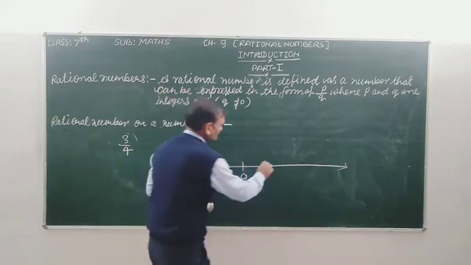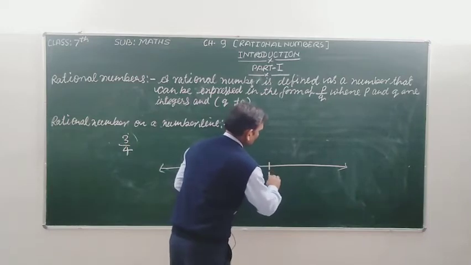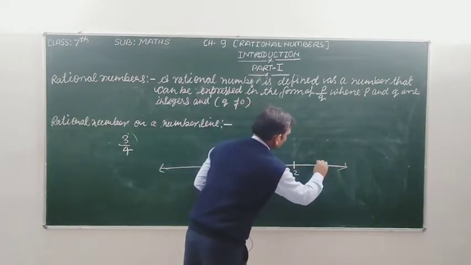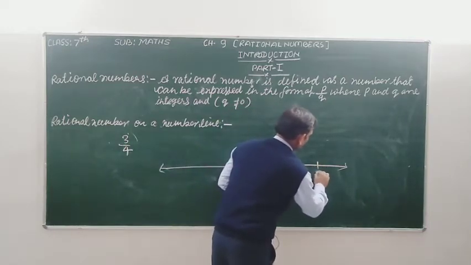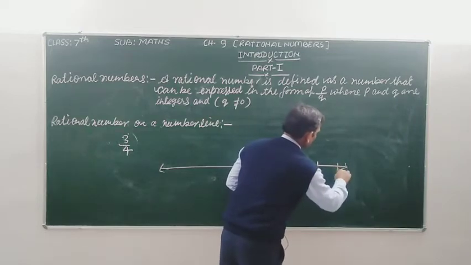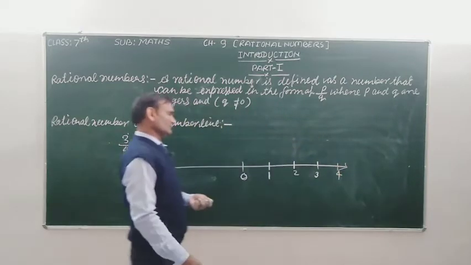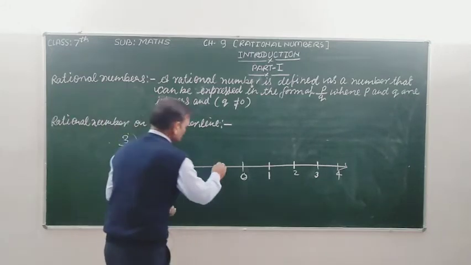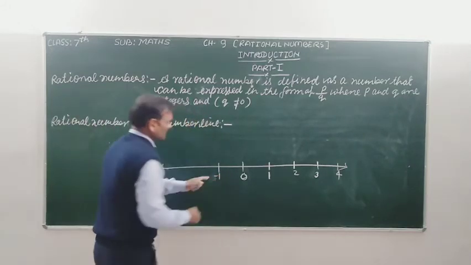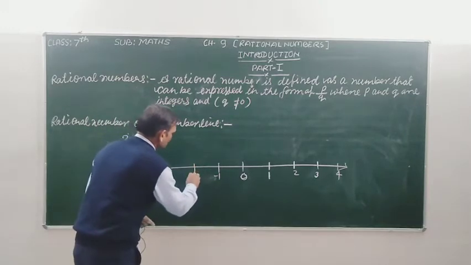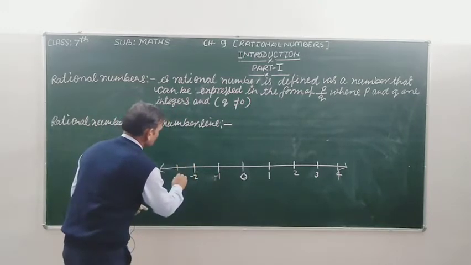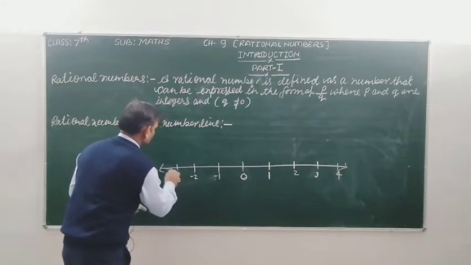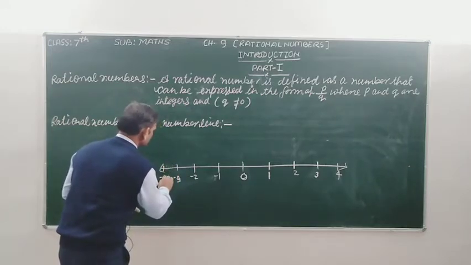So this is 1, suppose, and this is 2, this mark shows the whole number 3, and this mark shows 4. Like this, on the left side this mark represents -1, and this mark represents -2, and this mark -3, and this mark represents -4.